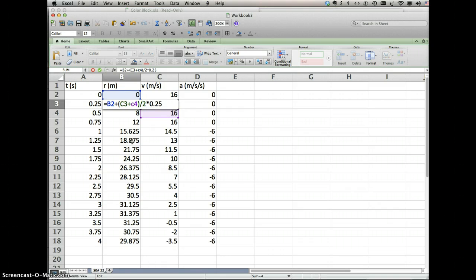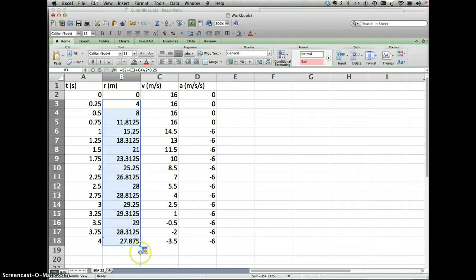So I add the two values together and then I divide by 2, and that gives me the average. And then I multiply that by the time step. And of course for the non-accelerated motion no change happens, but look at what happens while I copy that down: I now have something that is a bit more accurate.